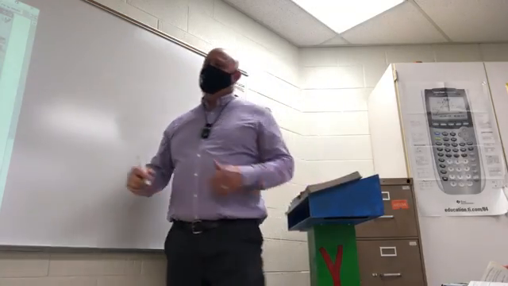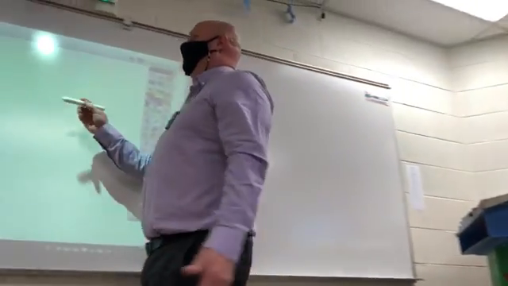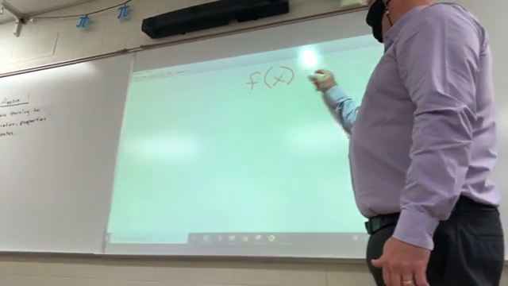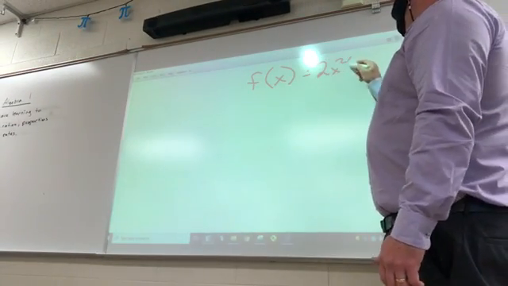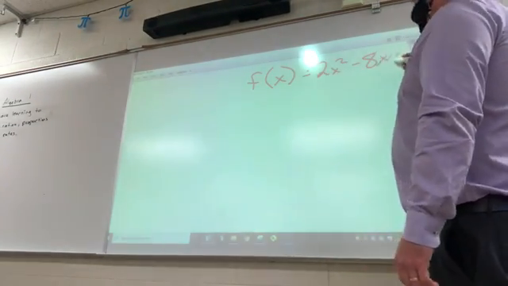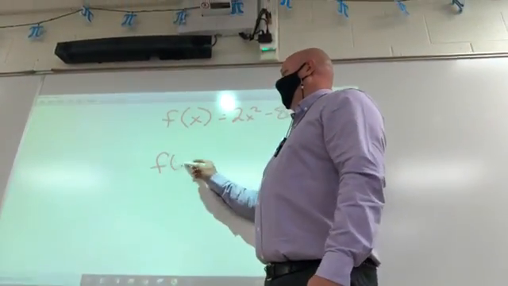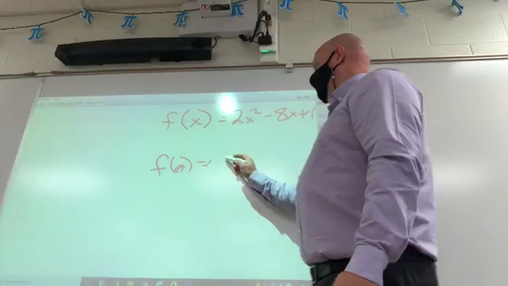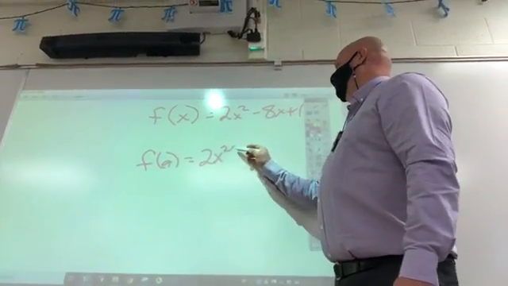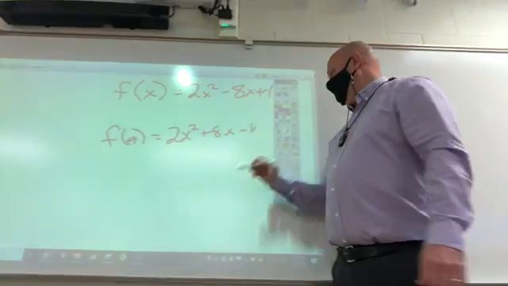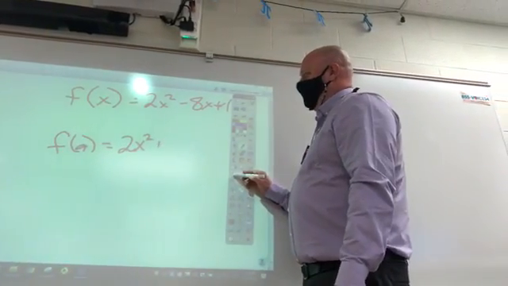Now, actually, here's what somebody's going to do. So the function's going to be something like this. 2x squared minus 8x plus 1, right? And then I'm going to say find f of a. And someone's going to go 2x squared plus 8x. And they'll change them to a's.